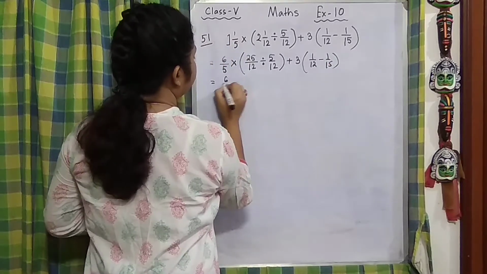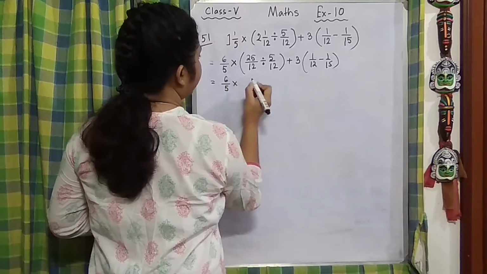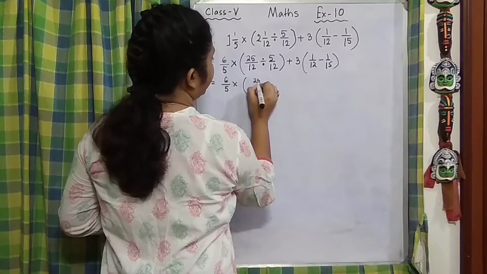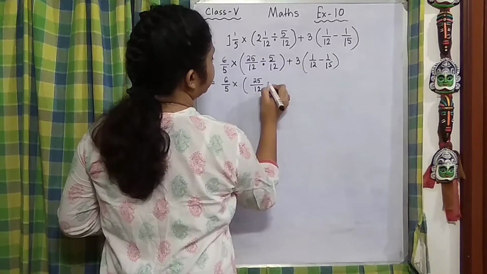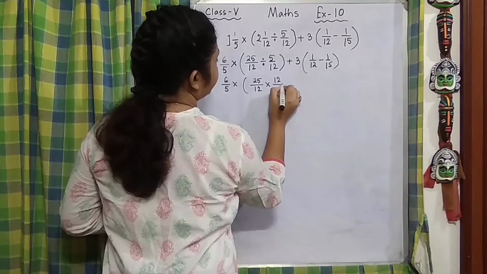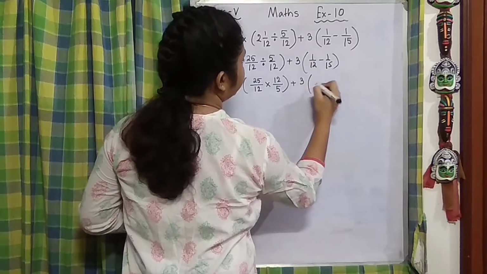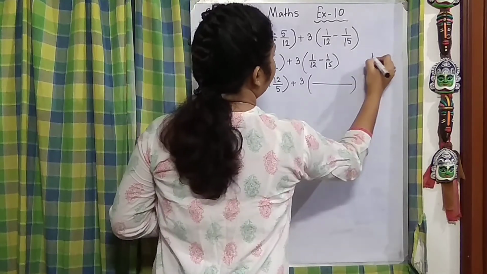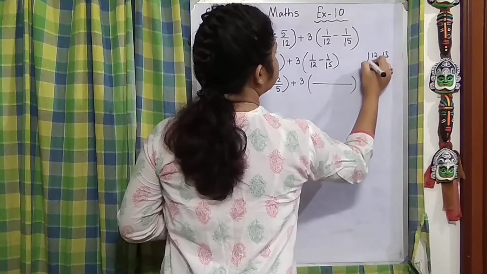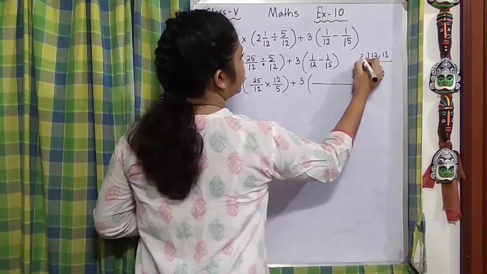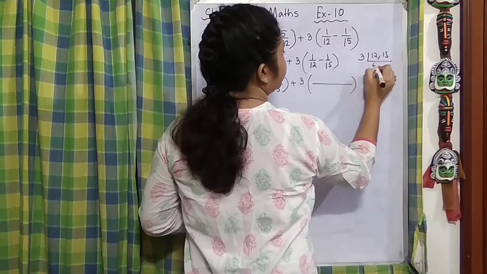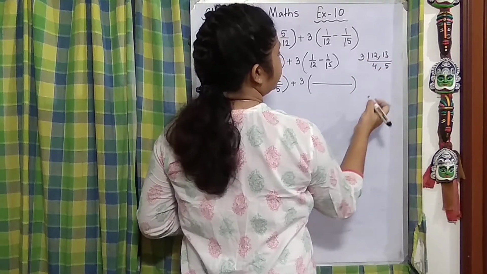So here 6 by 5 multiplied with, we are going to do the operation within the first bracket first, and here also. So when we are taking the LCM of 12 and 15, what are we going to take? 3 4s are 12, 3 5s are 15.